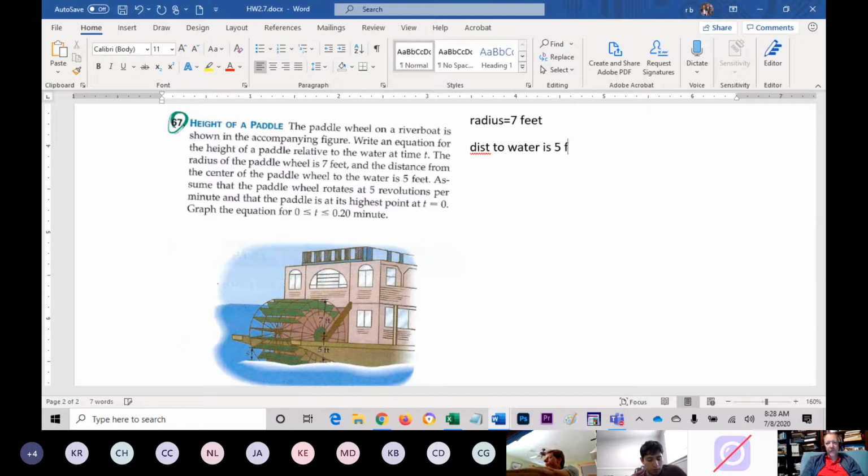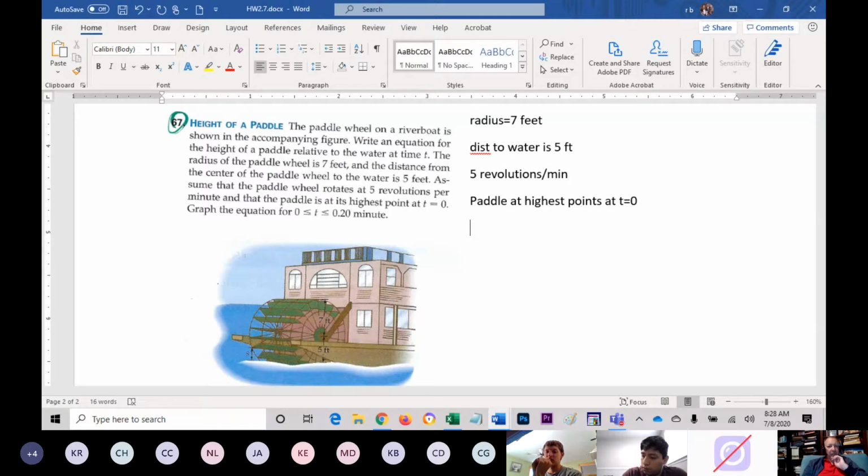We're going 5 revolutions per minute, and the paddle is at its highest point at t equals 0. So, okay, I think we've pulled out everything that we can.